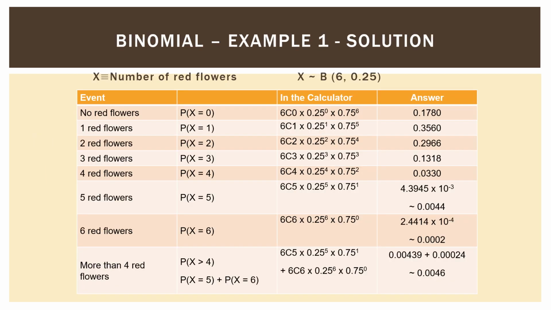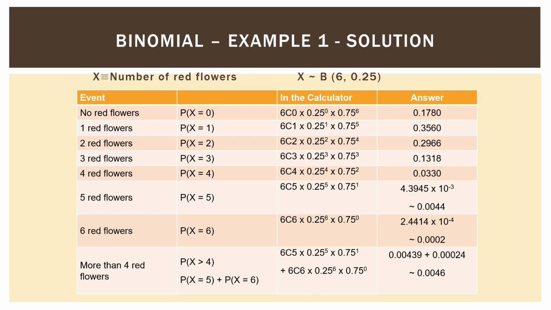If you look at the table, I would like you to fill it up now. When there is no red flower, that means the probability of X equal to 0. Looking at the formula, nCx, n is 6, so 6C0 times p to the power of 0. What is your p? 0.25 to the power of 0, times 0.75 to the power of n minus x, that is 6 minus 0, to the power of 6.